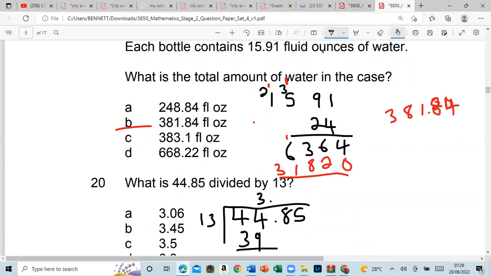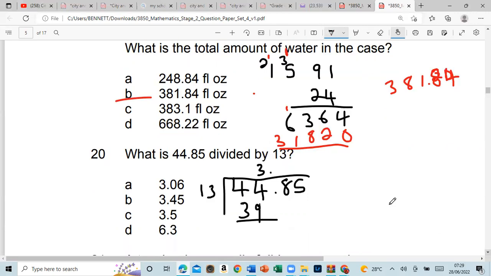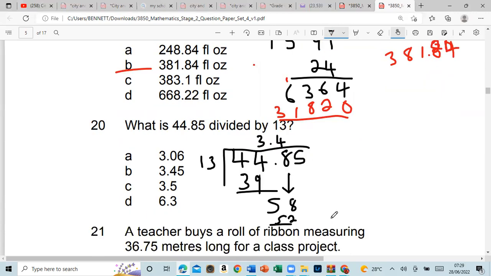All right, so let us put it down and subtract. 9 from 14, that leaves 5. There's only 8. So 13 into this goes 4 times, and multiplying, you get 52. So subtract, you get 6. Carry down the 5, you get 65. So that's 3.45. So that's B.